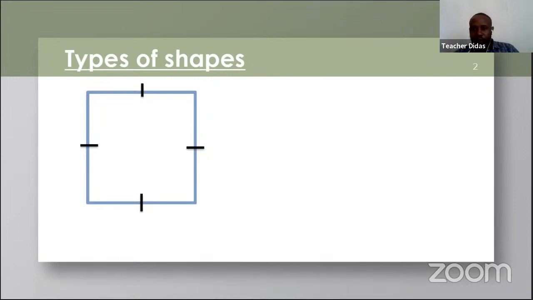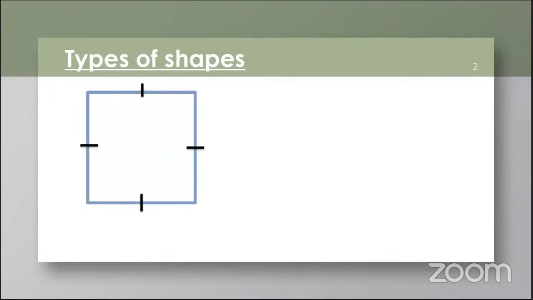Let me give the chance to Joanita. Joanita, go ahead and tell me. The shape that I'm seeing, it is a square.